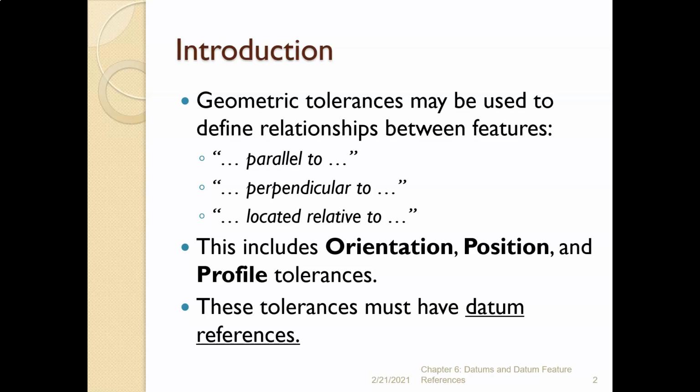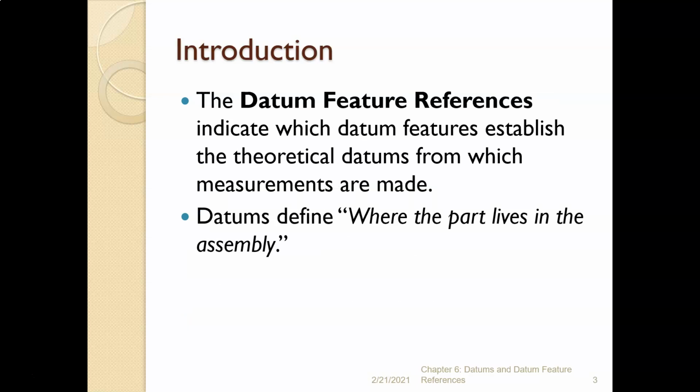Datum references are what link a feature that we're trying to control with another feature, with the geometric relationship between them. So that's how we express that with datums. A datum feature reference indicates which datum features establish the theoretical datums from which measurements are made.